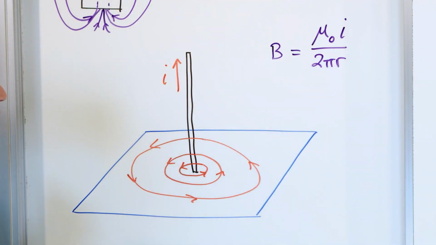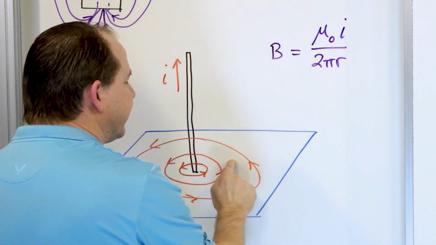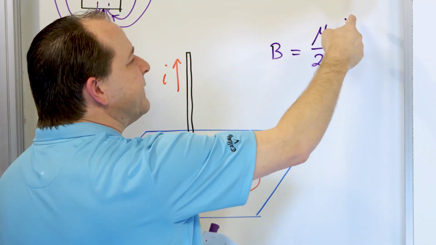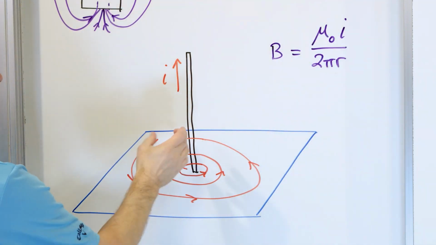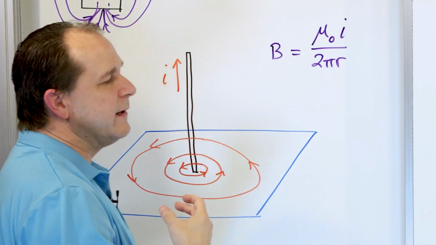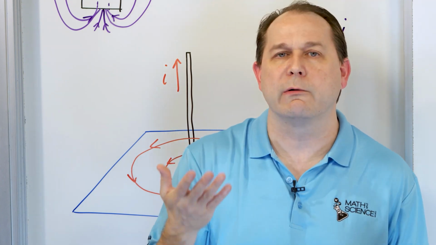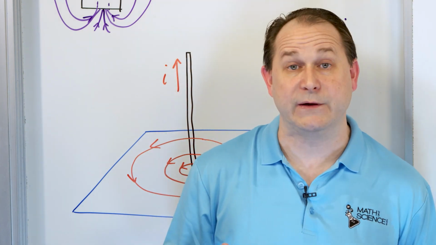This is exactly what you would predict because you're dividing by a bigger and bigger number. But if you hold the distance constant, like if you put your finger right here and increase the current to 50 amps, 100 amps, 900 amps, then the magnetic field will get stronger and stronger at a point. So this equation makes sense. It means the more current flow we have, the stronger the magnetic field at a given point.